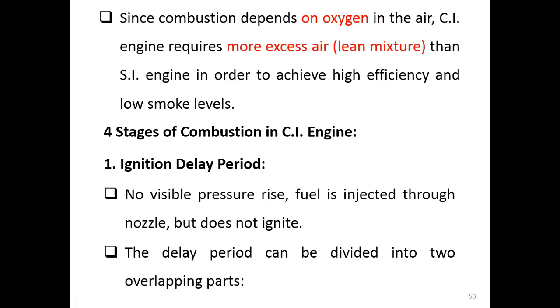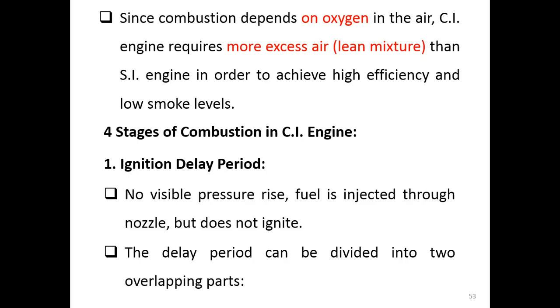Because the air and fuel do not pre-mix with each other, it wants to make sure that oxygen is available throughout the combustion chamber. So it needs lean mixtures to ensure there is enough oxygen to burn all the fuel introduced into the combustion chambers.